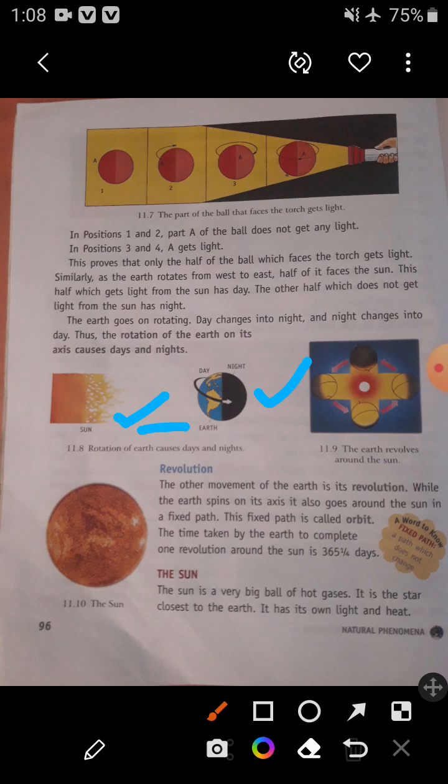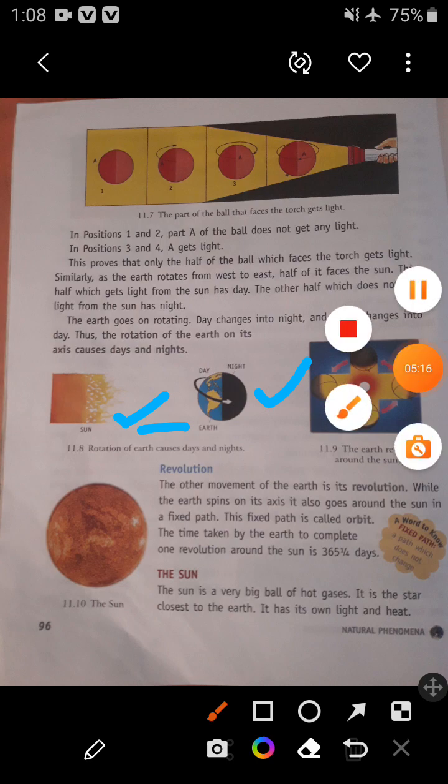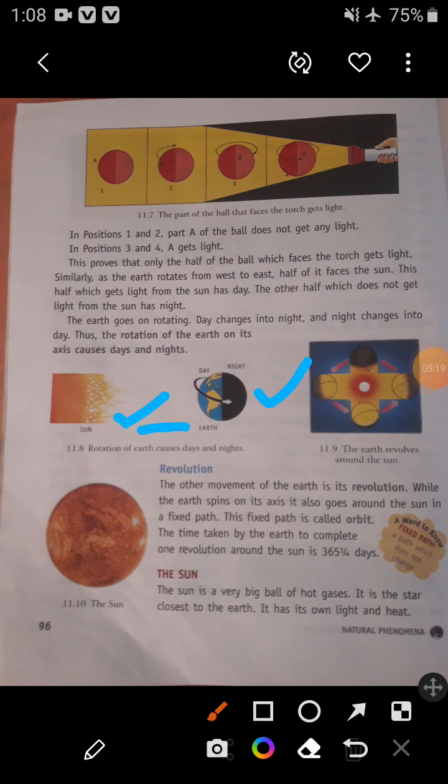The other movement of Earth is its revolution. While the Earth spins on its axis, it also goes around the sun in a fixed path. This fixed path is called an orbit, and the time taken by the Earth to complete one revolution around the sun is 365 days.